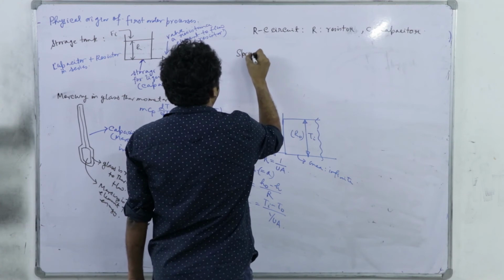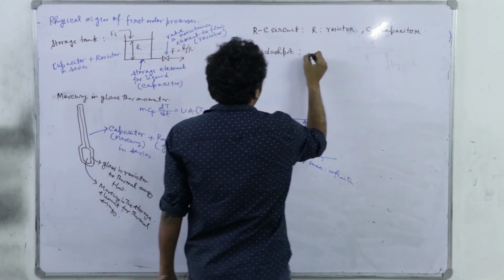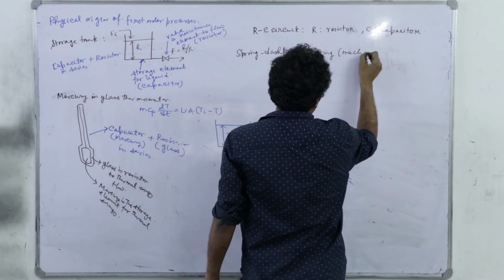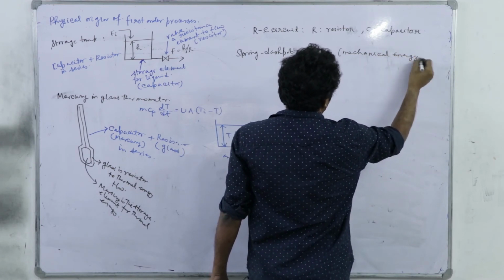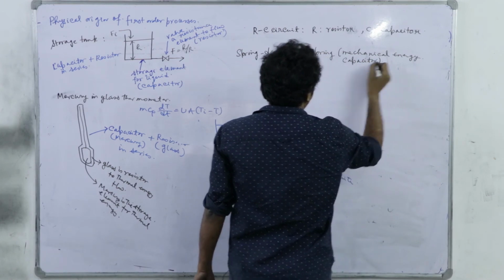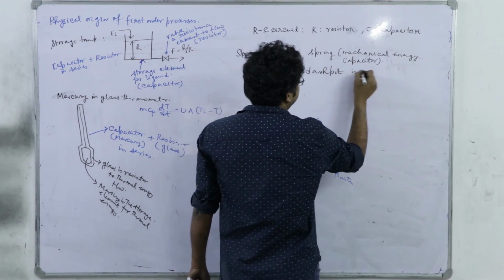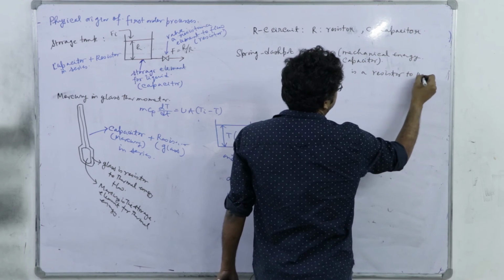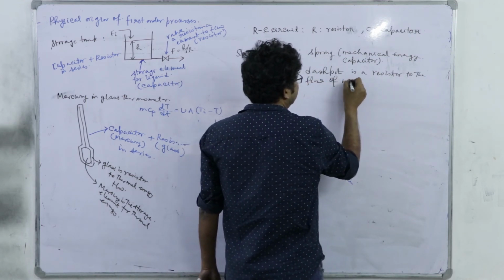And finally, spring dash pot. Spring is a mechanical energy capacitor, it stores the mechanical energy, and the dash pot is a resistor to the flow of mechanical energy.